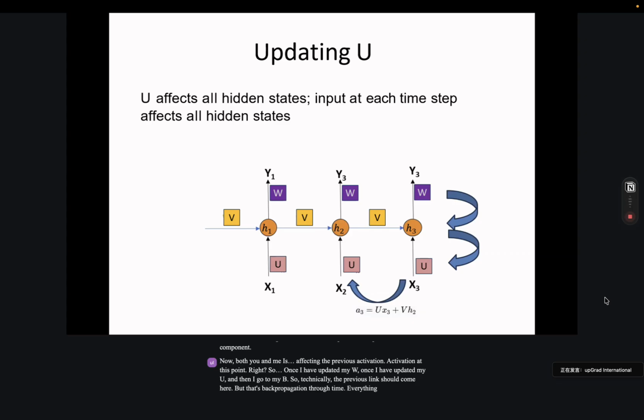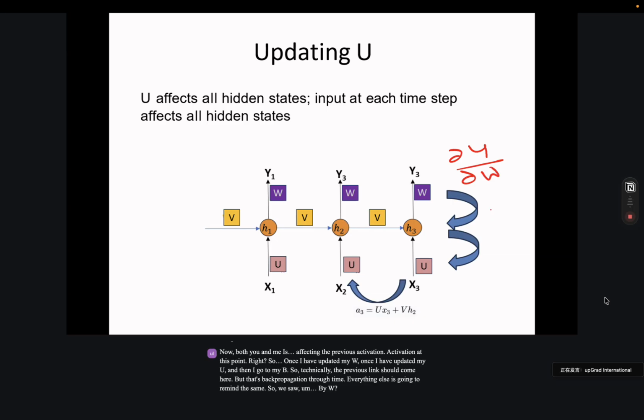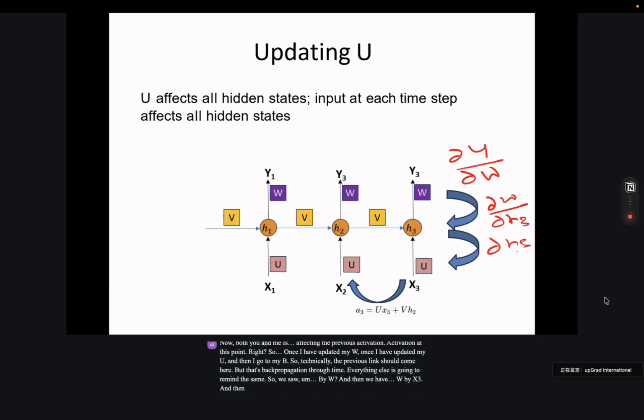Everything else is going to remain the same. So where we saw the loss by W, then we have W by X3, and then H3 by U.